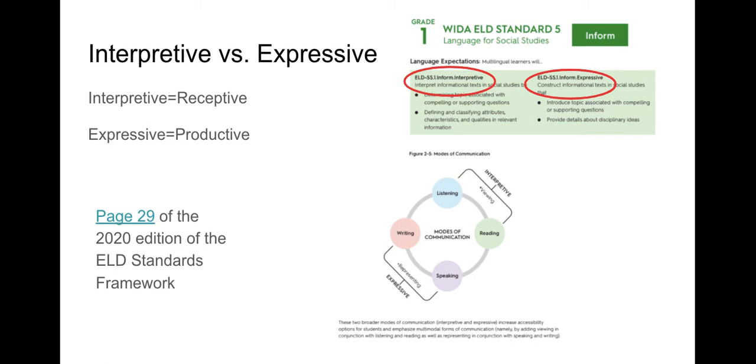Interpretive, which is receptive, meaning listening or reading, and expressive, which means productive, which is speaking and writing. The reason for this change is students should be using multi-modes of communication and not just one. So it made more sense to put them in 2 categories instead of 4.